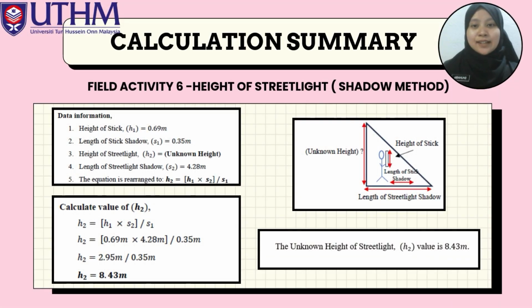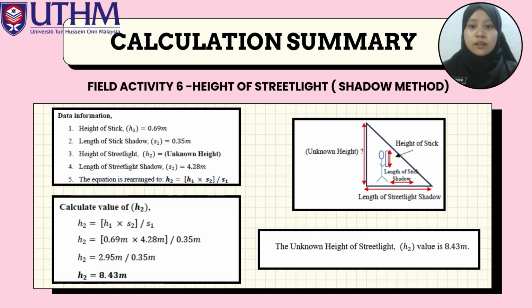Okay, finally, the calculation summary where we determine the height of the street light using the shadow ratio method. To calculate the height, we took the height of the stick, which is 0.85 meters, and multiplied by the street light shadow length, which is 4.25 meters, and then divided the result by the stick shadow length, which is 0.35 meters.